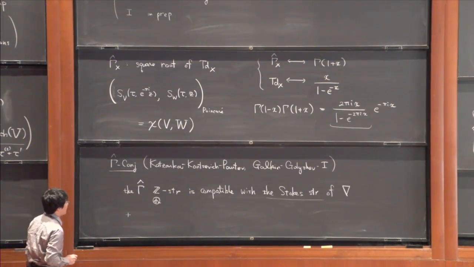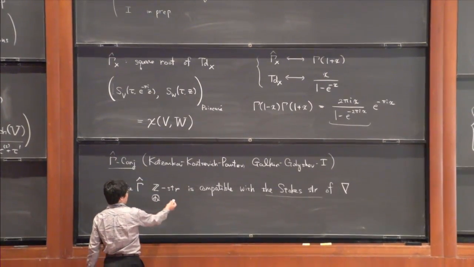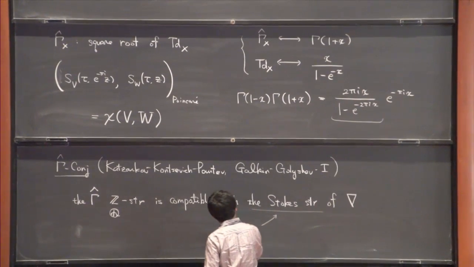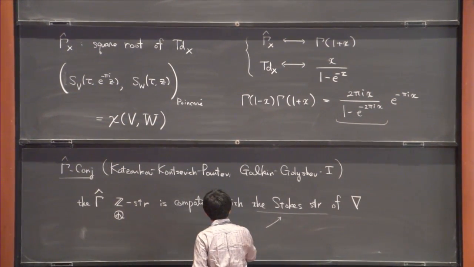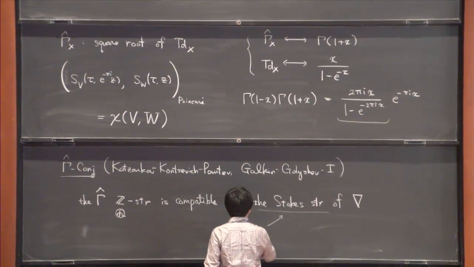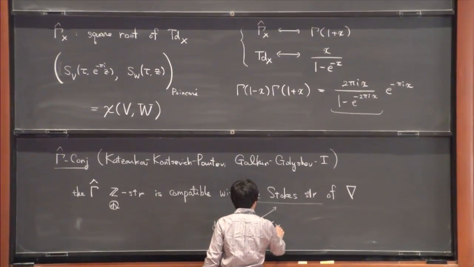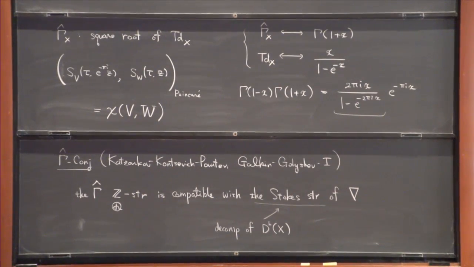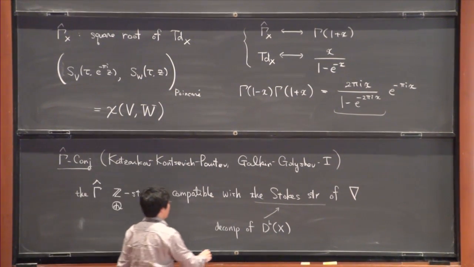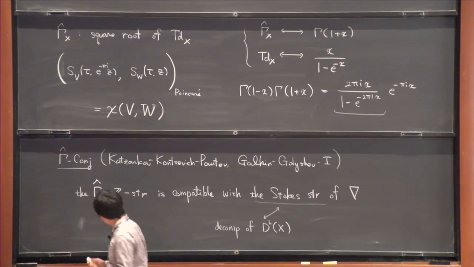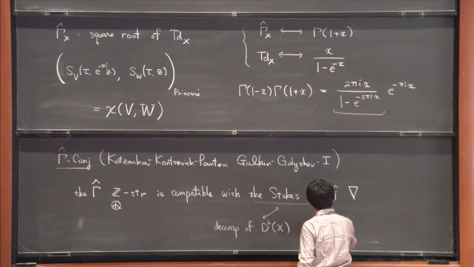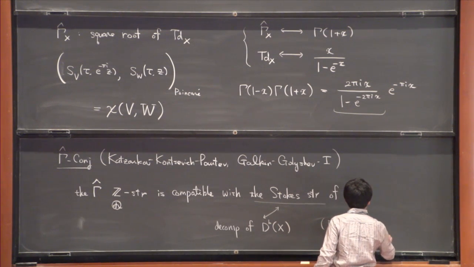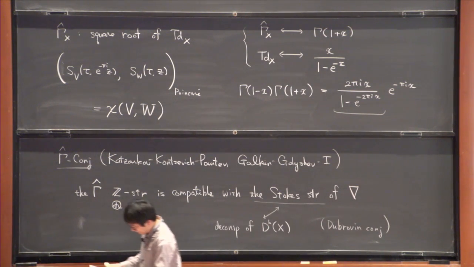This Stokes structure is also related to perhaps a decomposition of the derived category of coherent sheaves, so this is maybe a generalized Dubrovin conjecture.